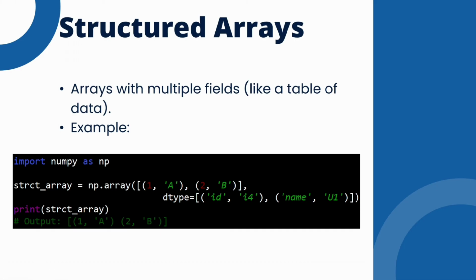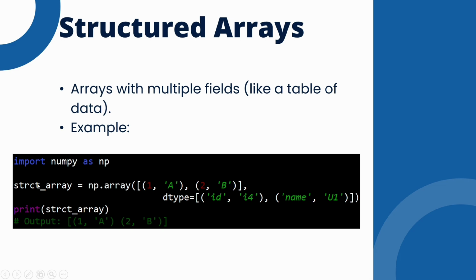Structured arrays. Structured arrays allow you to store data of different types in one array, making them ideal for handling tabular data like a dataset of names, IDs, and scores.